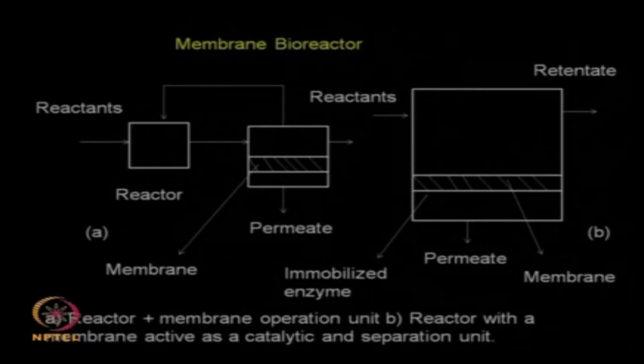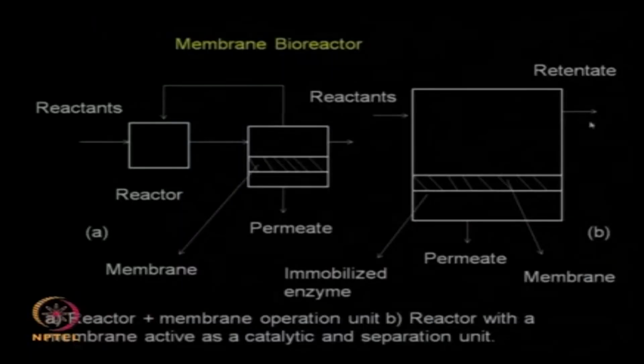That is one design. Another design, I can have the membrane itself as an active catalyst, that means I can immobilize my enzyme in the membrane. Suppose I am doing a biotransformation using enzyme, instead of immobilizing it on a glass bead or encapsulating it in alginate or so on, I can immobilize it on the membrane itself.